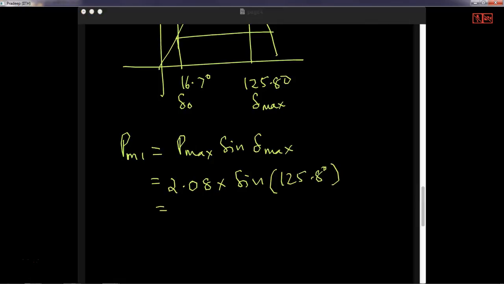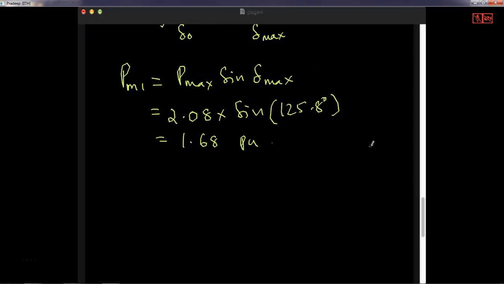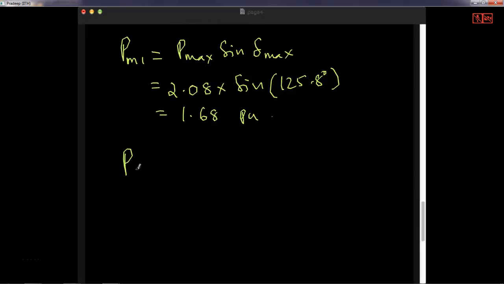So let's do that. 2.08 into sine of 125.8. So this is 1.68 per unit. That means I am operating at PM naught of 0.6 per unit. Then PM1 is 1.